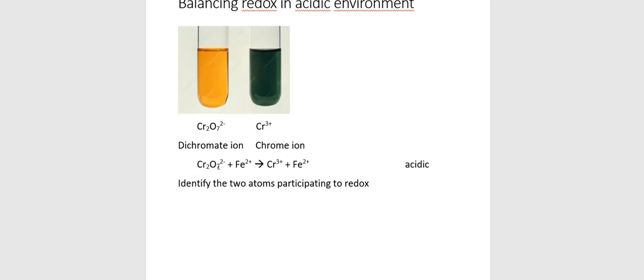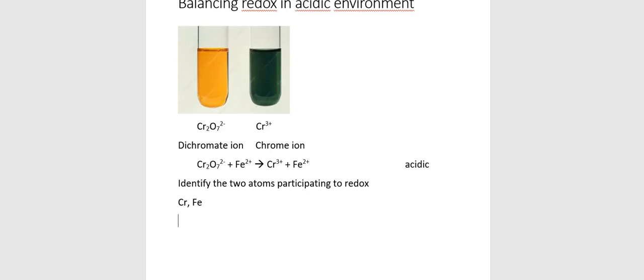The chrome goes from being bonded to 7 oxygen atoms to be a single ion with 3 positive charges. So the first participant will be, of course, the chromium. And the second will be, of course, the iron, because it goes from +2 to +3. These are the two atoms, really, which are participating in this reaction.